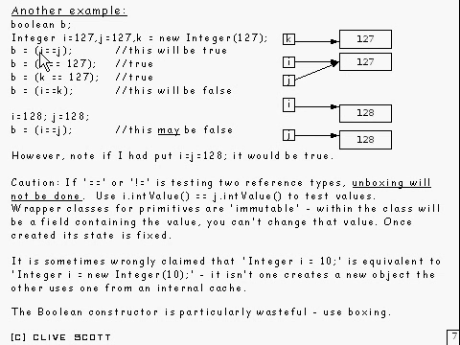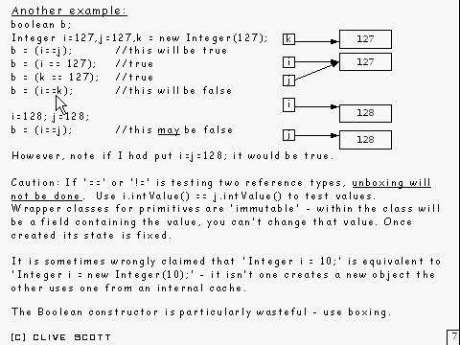Now obviously i == j is going to be true because they both refer to the same object, the same reference. i == 127 will be true as well. k == 127 will also be true, because k is unboxed. But i == k is going to be false, because they point to different objects.